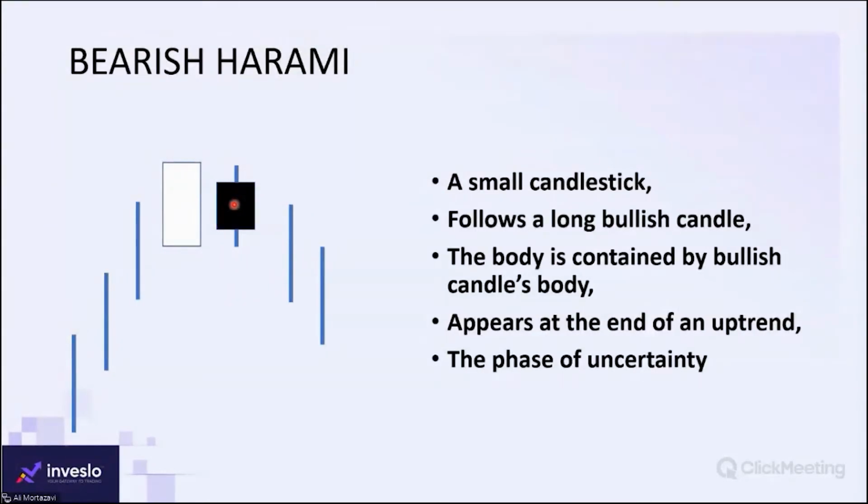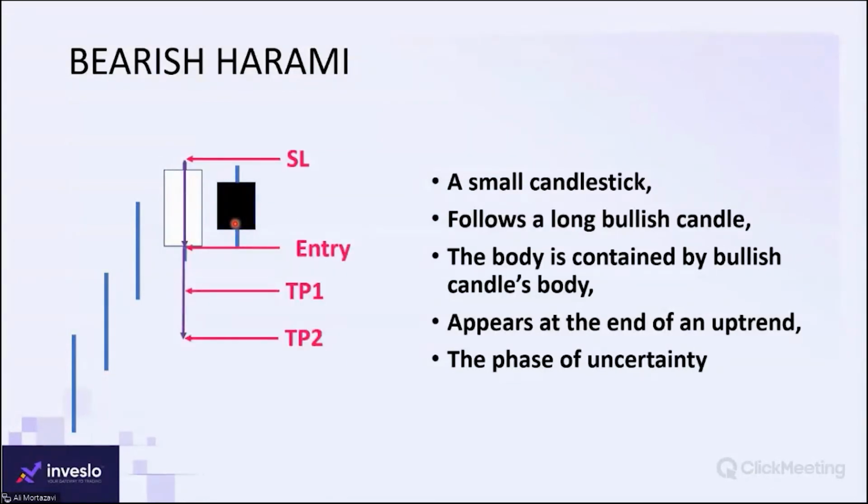It means we see less volatility and a lack of sentiment in the market. To make any trading decision, it is better to wait and see if one side can eventually take control, because this is a phase of uncertainty.